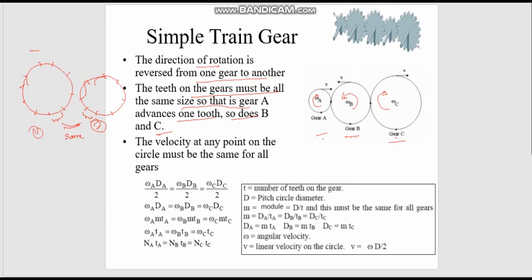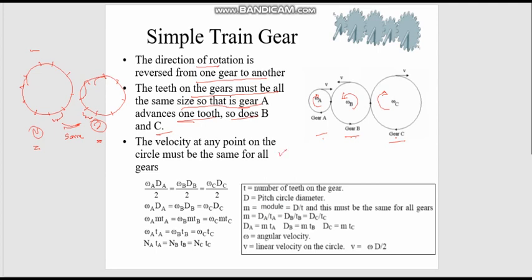That arc and this arc must be the same, so that the gears are all of the same size, so that as gear A advances one tooth, so do gear B and gear C. As gear one advances one tooth, gear two will also advance one tooth. Okay, so that's the requirement for the simple gear train system to work, for any gears that mesh together to work.